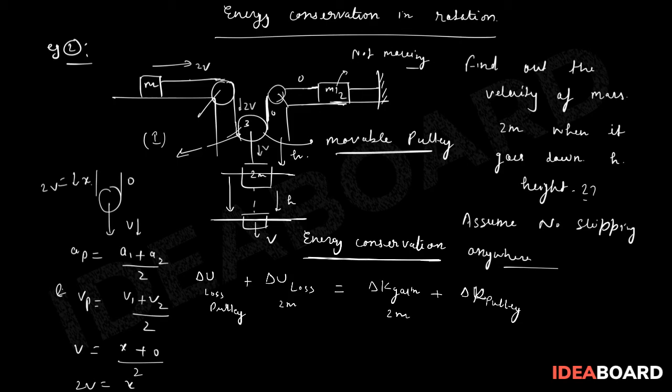So delta K pulley, which is for rotation, plus obviously this mass is fixed, so there is no change, and even its potential energy is not changing. So for the mass m, we can write delta K gain for mass m, correct? So now let us write down the values.